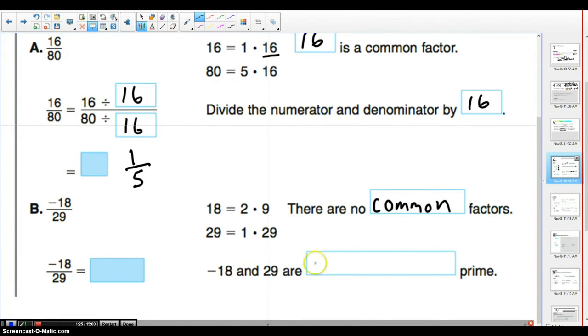So that means negative 18 over 29, that's already reduced. And that means negative 18 and 29 are relatively prime.